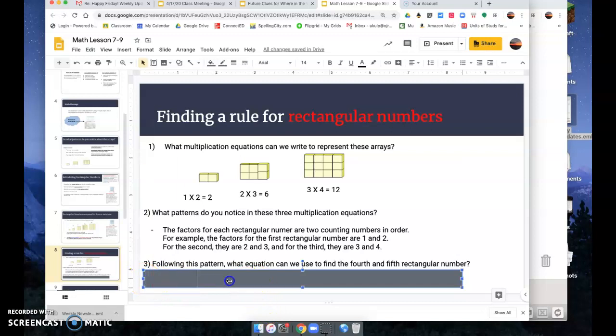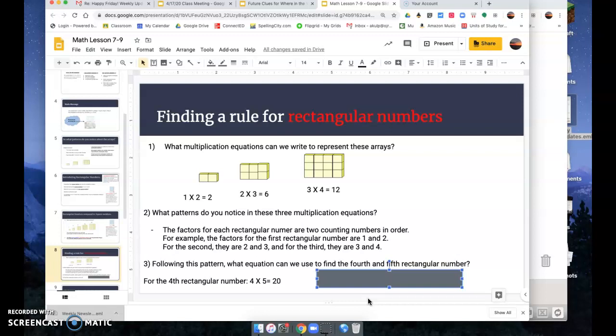So 4 times 5 equals the fourth rectangular number. 4 times 5 equals 20. 20 is that fourth rectangular number. If we made 4 rows of 5, we would have an array that would make the shape of a rectangle and would have 20 total cubes in that array. Again, 4 times 5, two counting numbers in order. 4 and 5 were our two factors, so 4 times 5 is 20. It gives us that fourth rectangular number.